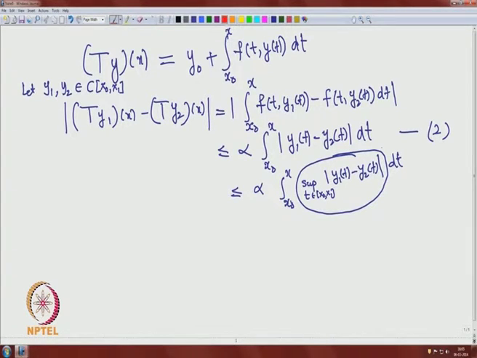So, this is less than or equal to alpha times integral x0 to x of the norm of y1 minus y2 dt, which is equal to, if you integrate it, since the norm of y1 minus y2 is a constant, alpha times (x minus x0) times the norm of y1 minus y2.